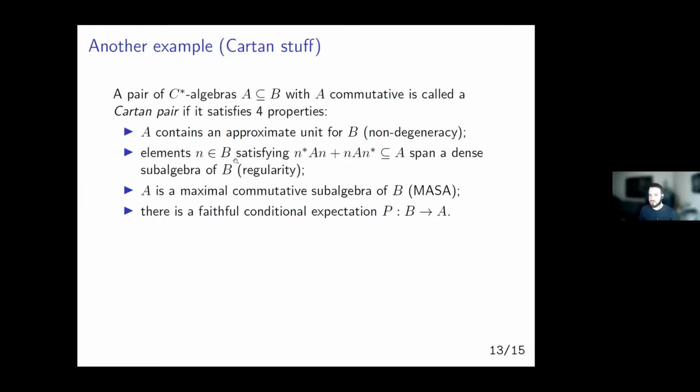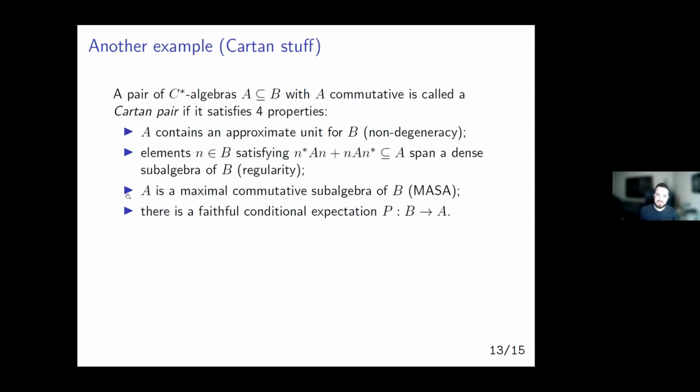Basically, this condition says that all of the information of B is contained in the elements of B that actually do dynamics on A. So this is a way of performing dynamics on A. And then anything that doesn't do dynamics on A directly is built as a sum of things that do dynamics on A anyway.